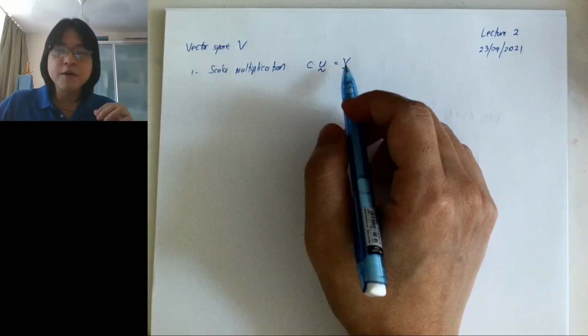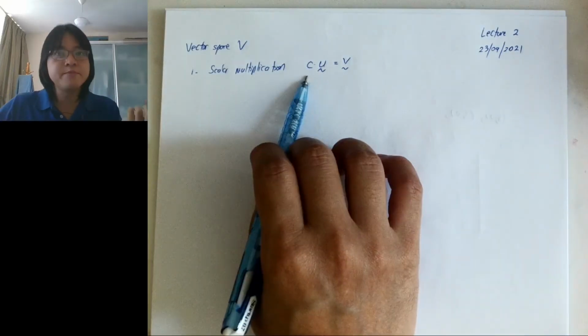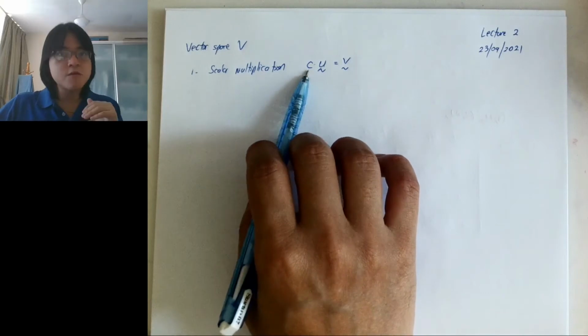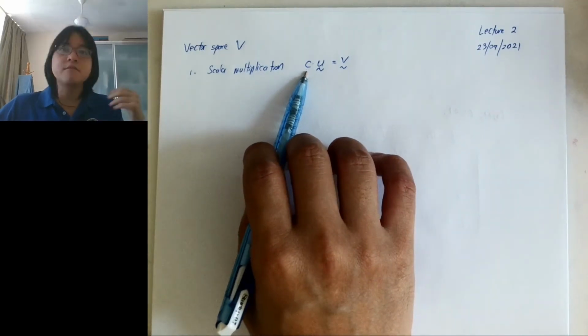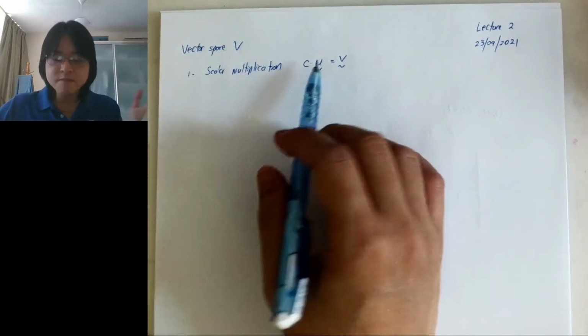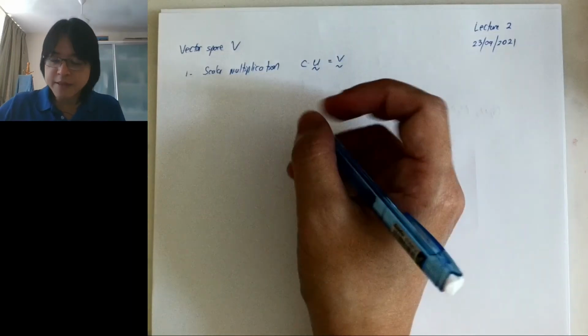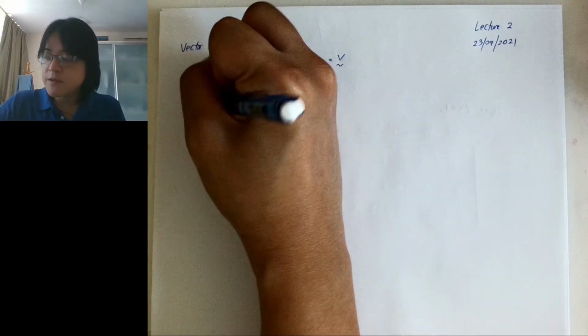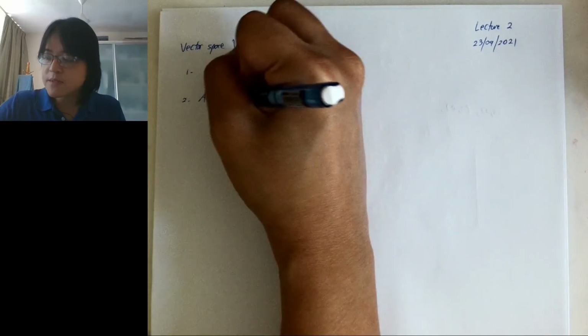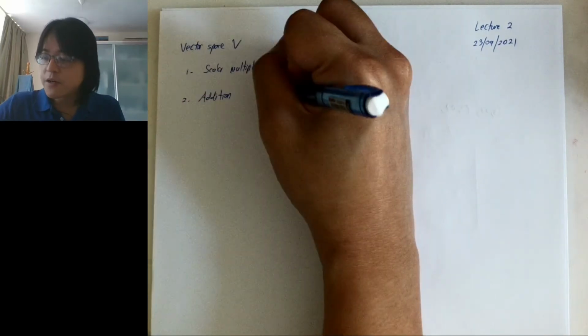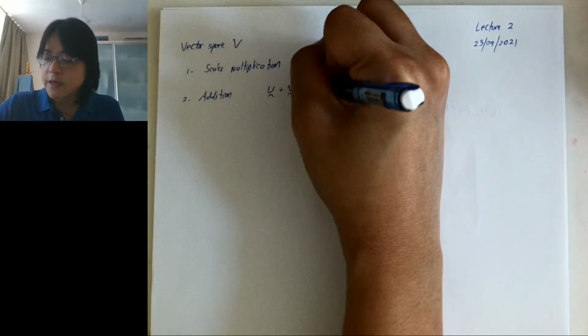If you're talking about R3, the scalar must be a real number. But later when we go to quantum mechanics, it could be any number, complex or real, anything you can multiply to a vector, right? And then you also need to have addition among members, so u plus another vector will give you another vector.